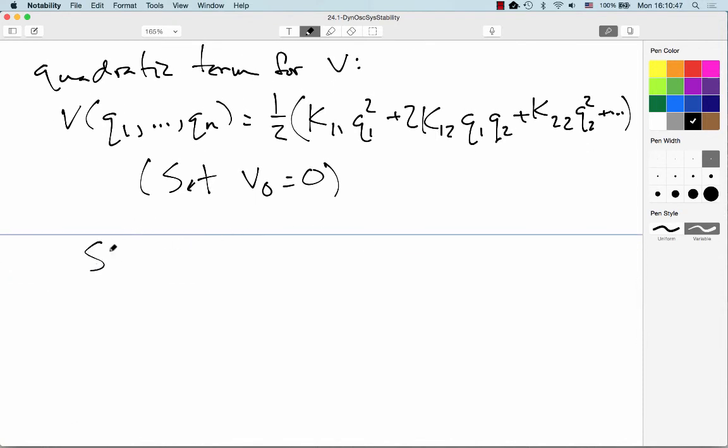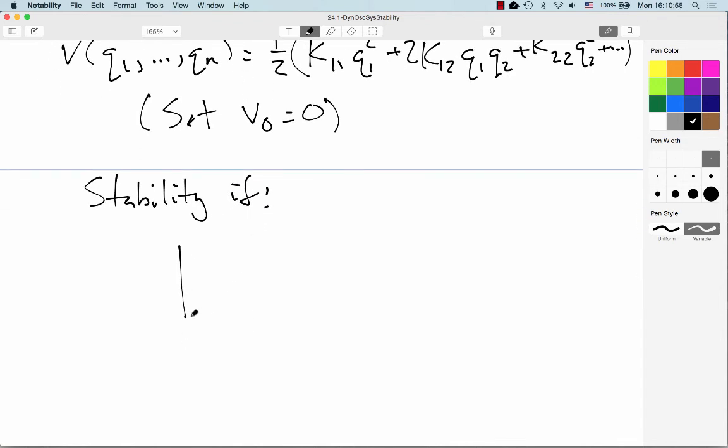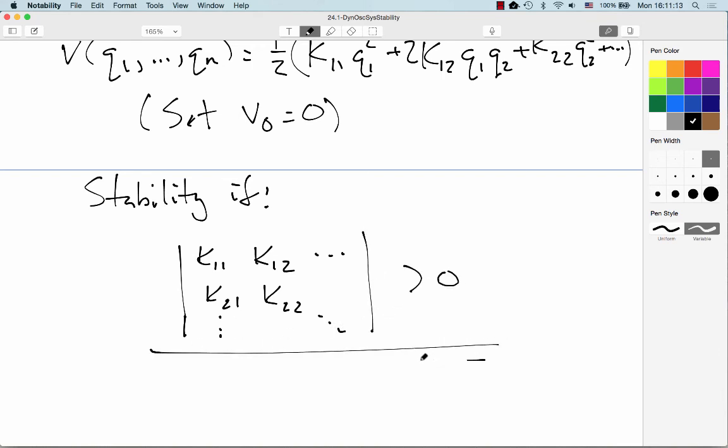So we'll have stability, says linear algebra, if the determinant of our coupling constant matrix, K11, K12, and so on, K21, K22, and so on, like that, if that determinant is greater than 0, that's our test for stability.